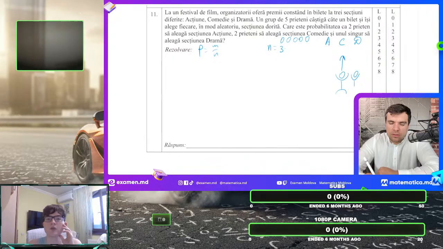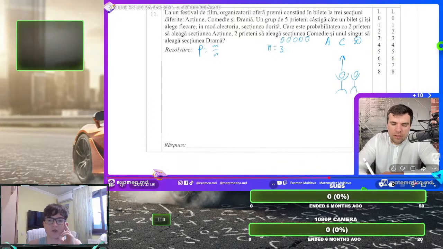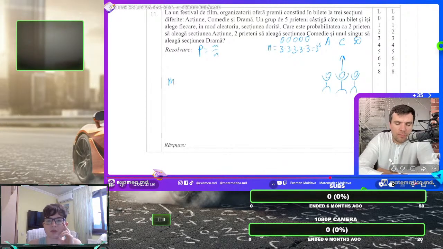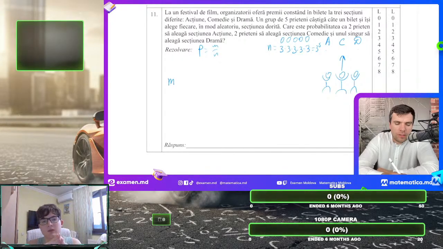The second one also has 3 selections, so is it actually just 3 to the power 5? Okay, boom, 3 to the power 5, I got it correct.